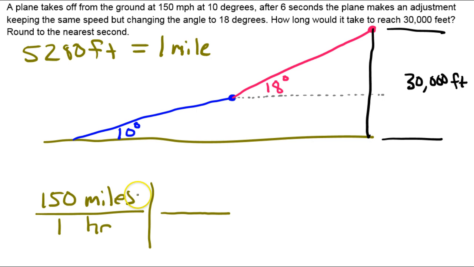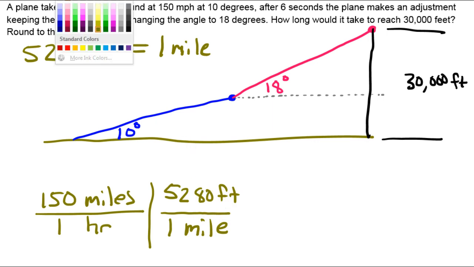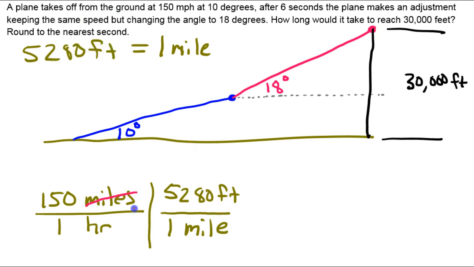It doesn't matter, except I want to get rid of miles, so I'm going to make sure I put miles on the bottom. Okay, so 1 mile. I'm putting it on the bottom so I can cross out the miles. And so that's going to leave 5,280 feet in the top. Okay, so watch what happens to the units. Miles cancel out. So right now, all I have left is feet per hour.